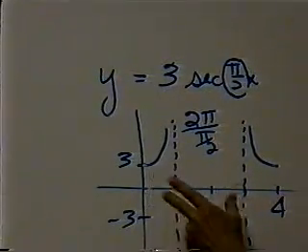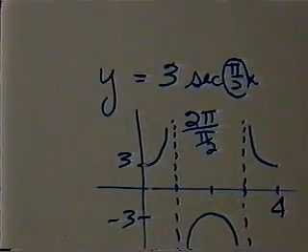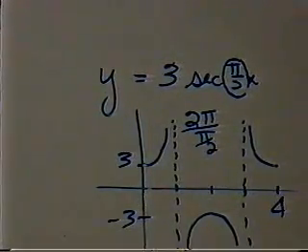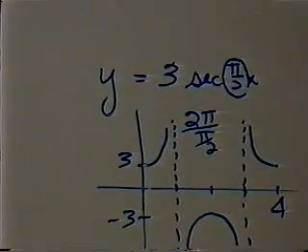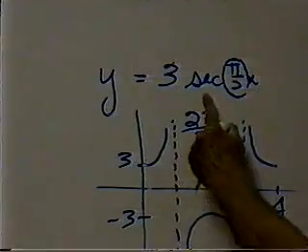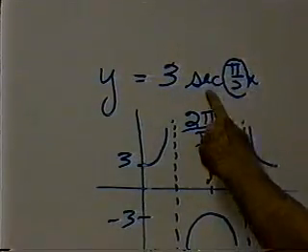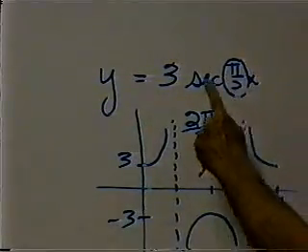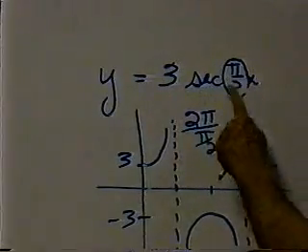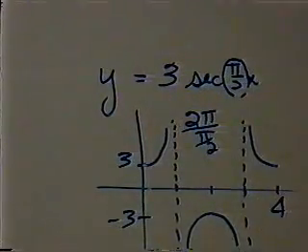And again, you should be taking your calculator and drawing it on your calculator and seeing what's happening. Draw several on the same picture so that you can see what's happening. In other words, draw secant of x, draw secant of pi over 2x, draw 3 secant of pi over 2x, and things like that, and see what it does.